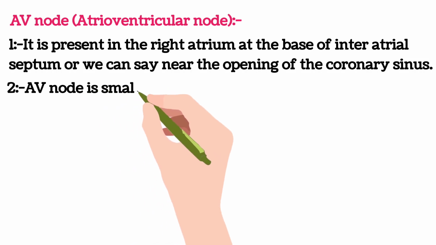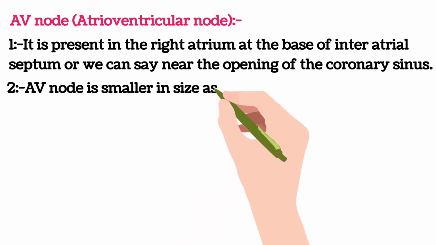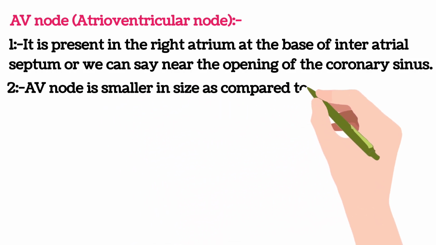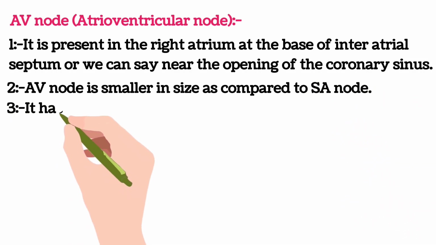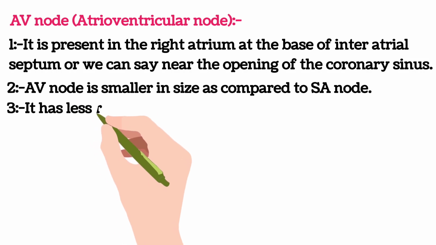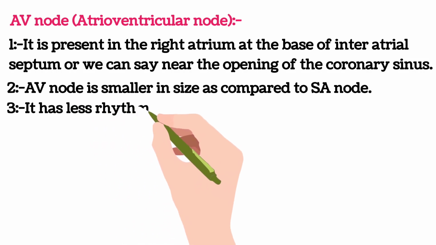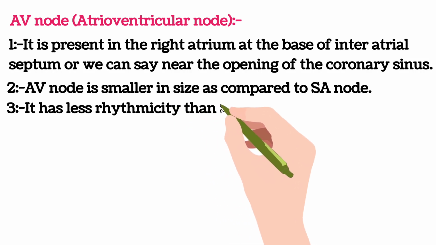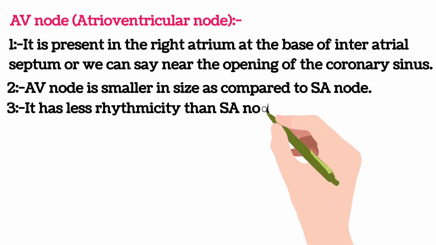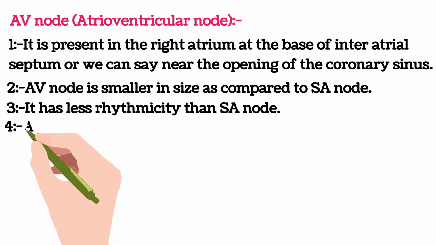The second difference is that the AV node is small in size as compared to the sinoatrial node. The atrioventricular node has less rhythmicity, rhythmicity being the ability of the heart to beat regularly.